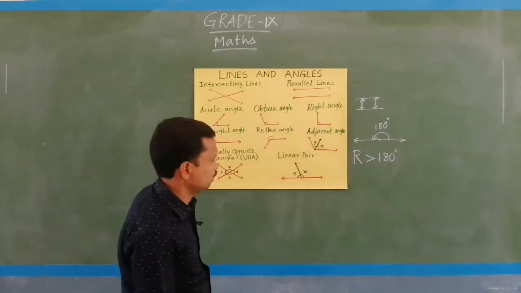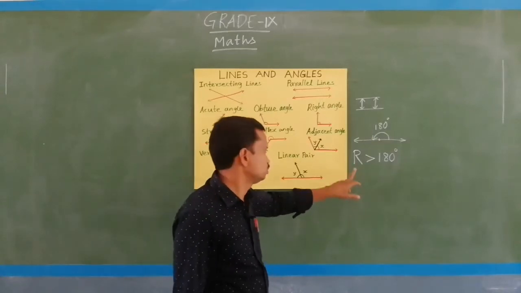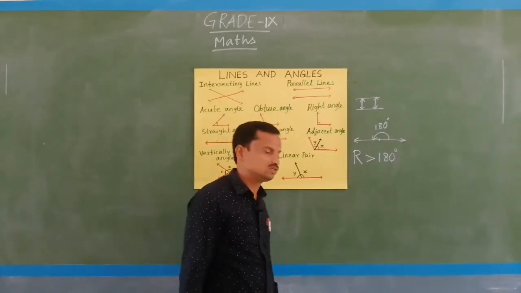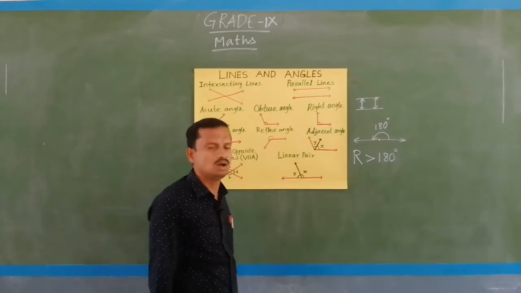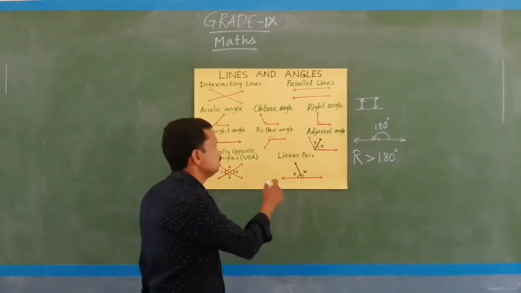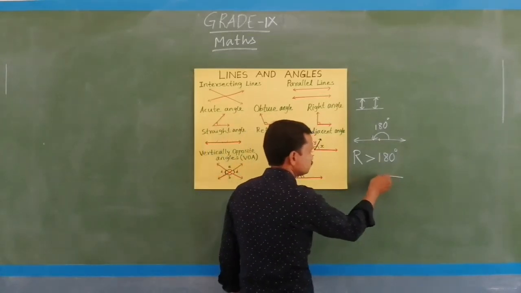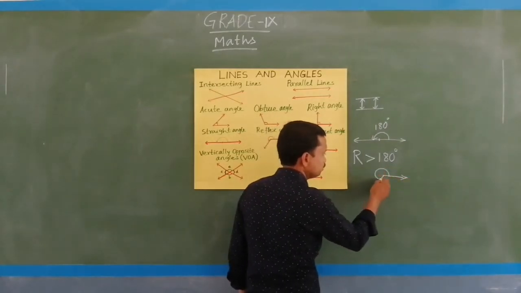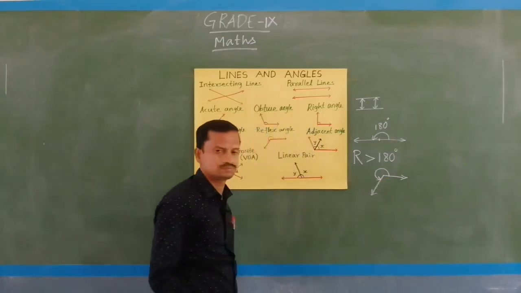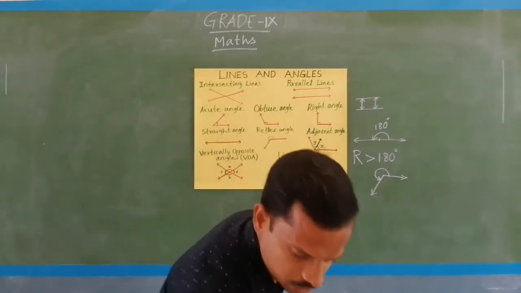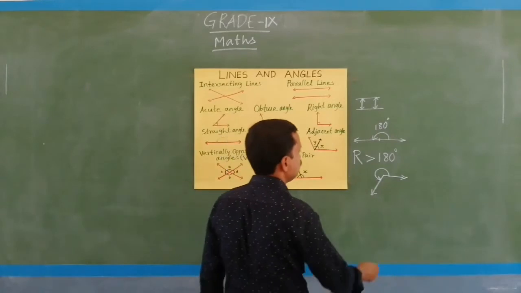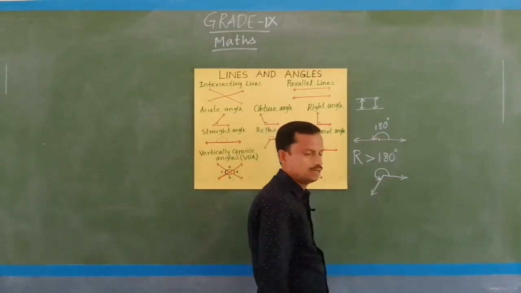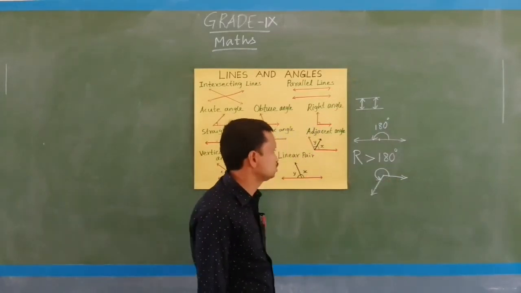Capital R here represents the reflex angle. In the picture, if you measure this angle in the counterclockwise direction, it will be more than 180. So that is called reflex angle.